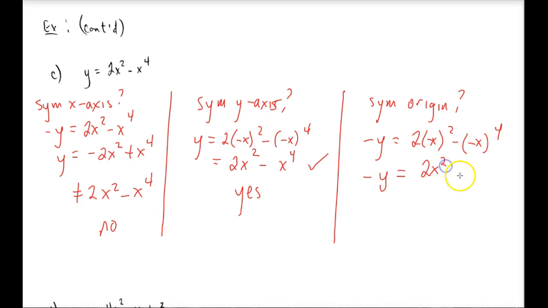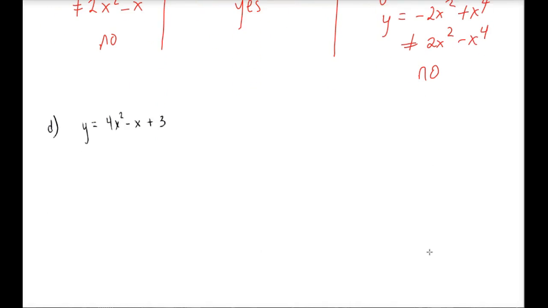So here that ends up being 2x squared minus a positive 4x. And then, of course, we multiply both sides by a -1, which changes the terms. And, of course, that is not equal to 2x squared minus x to the fourth. So no symmetry about the origin.